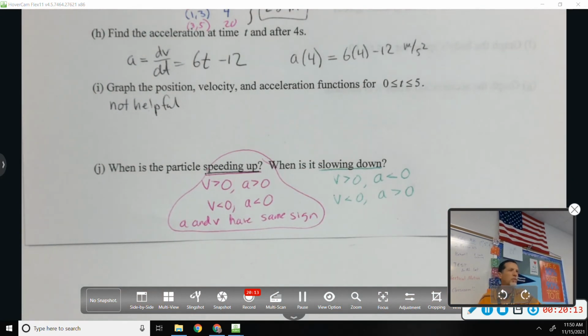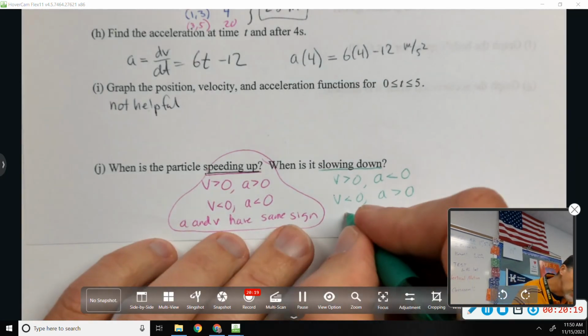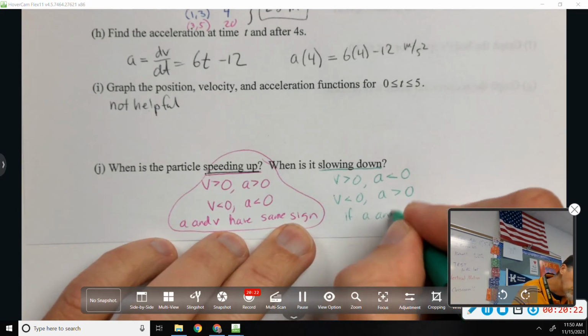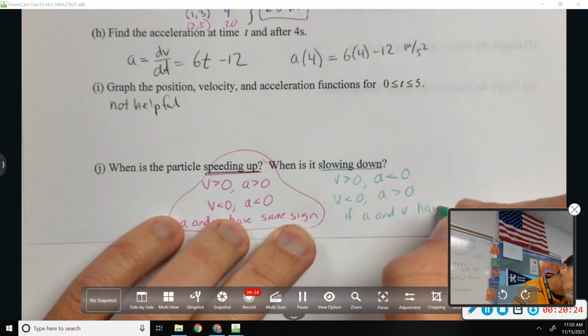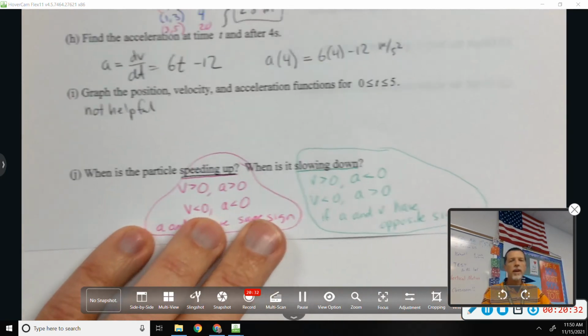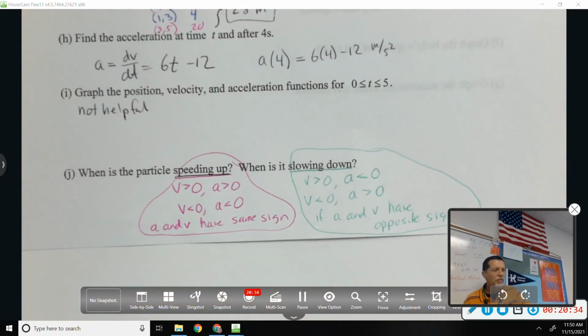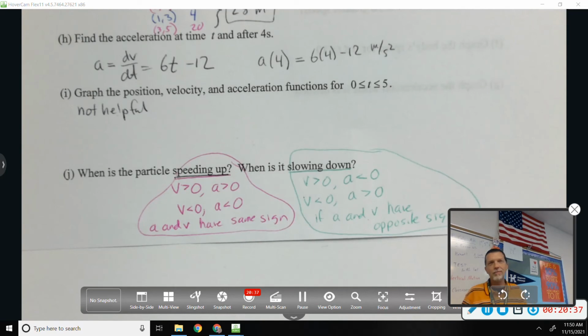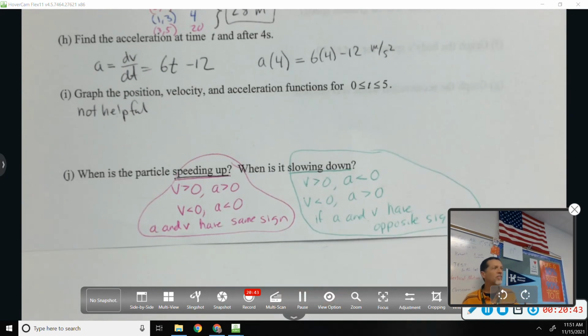Kind of, because if you're speeding up in reverse, your acceleration is negative. If the signs are opposite, then you're slowing down. If velocity is positive, that's easy: you hit the brake, you slow down. It's just if your velocity is backwards.